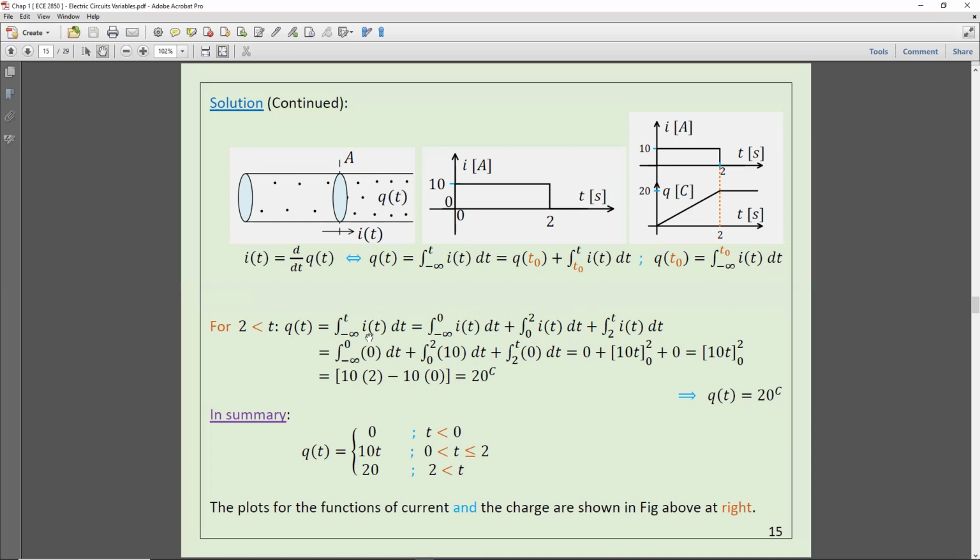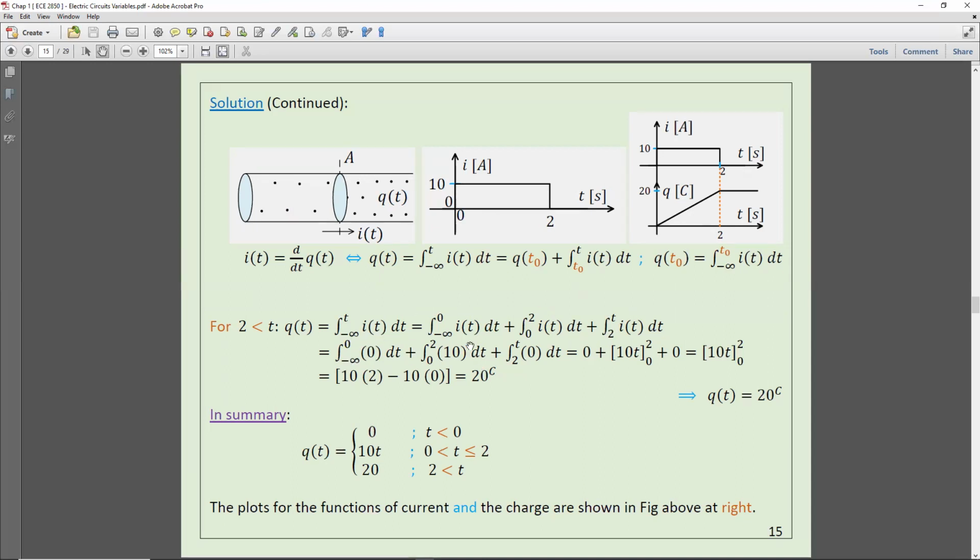What we did here is calculate it again from the very beginning, from minus infinity to t. I'm going to split it into 3 parts: from minus infinity to 0, then from 0 to 2, and then from 2 to infinity. The first part was 0.